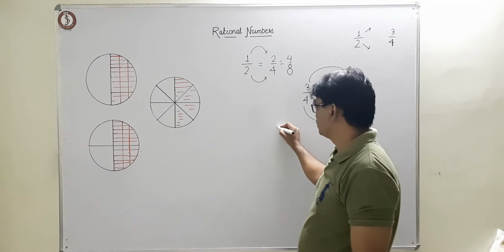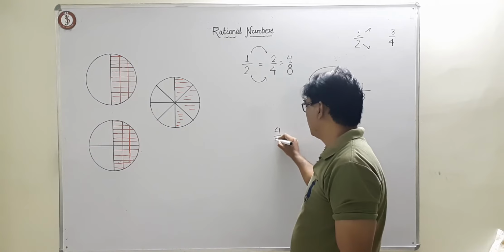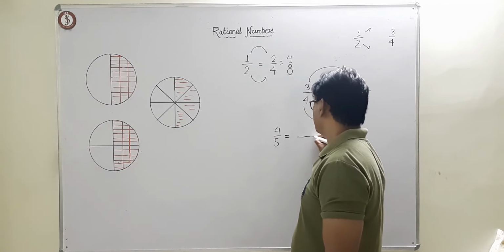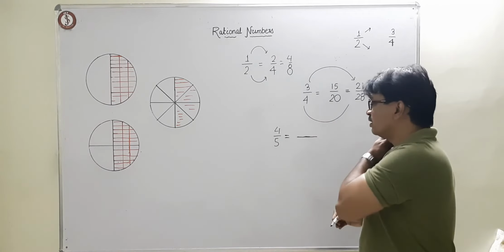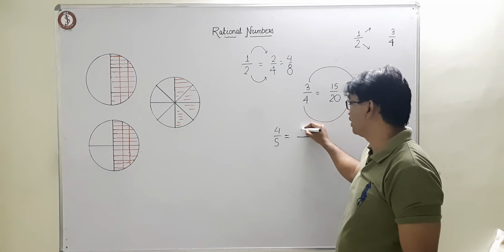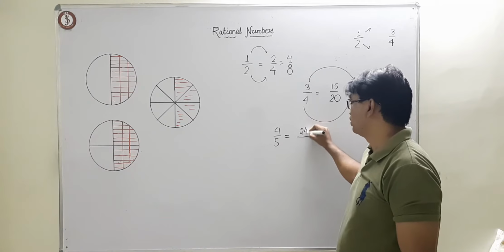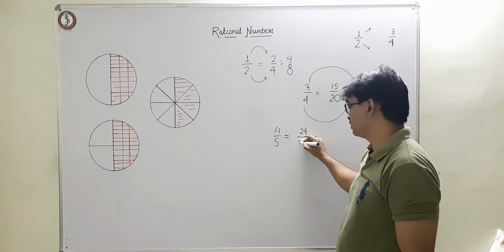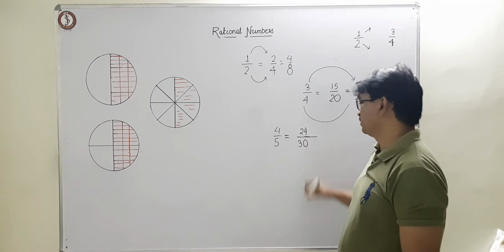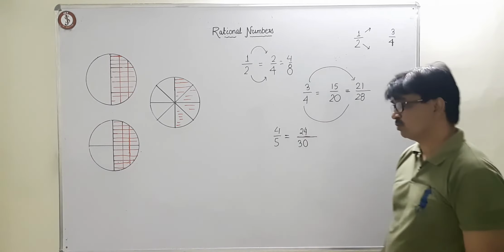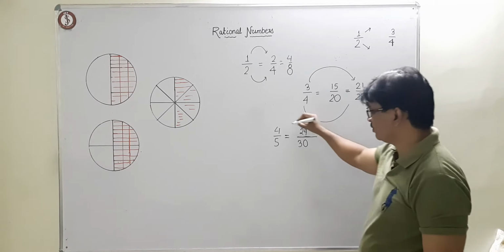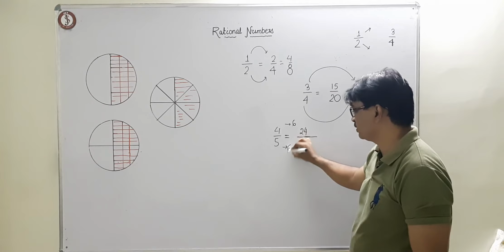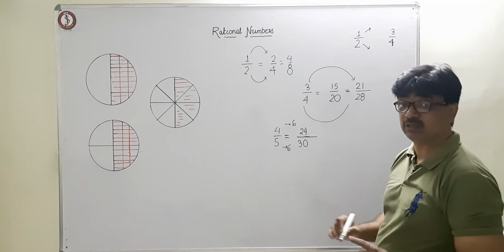Questions can be asked like this: 4 by 5, and what should you do to get the numerator as, say, 24? 4 6s are 24, so 5 6s are 30. So these are equivalent fractions. If I multiply the numerator by 6, I have to multiply the denominator also by 6. The same thing should be multiplied.